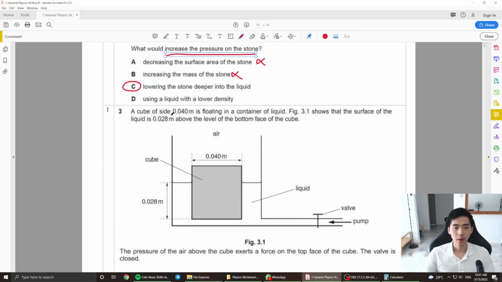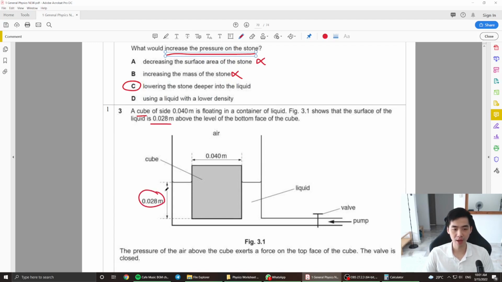Then, a cube of side 0.04 meters. It's a cube, so I can assume that the length, the width, the height is all going to be 0.04 meters. It's floating in a container. Figure 3.1 shows the surface of the liquid is 0.028 meters.